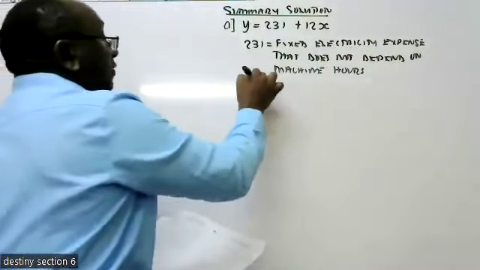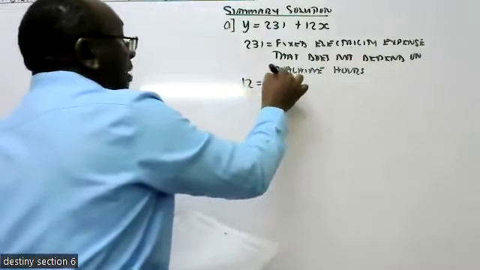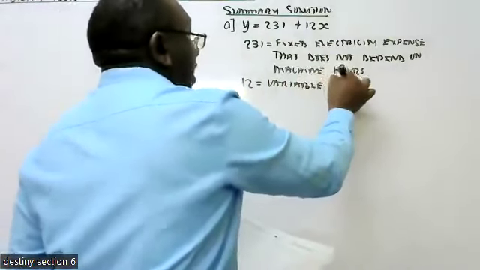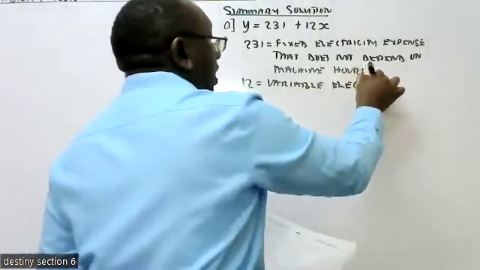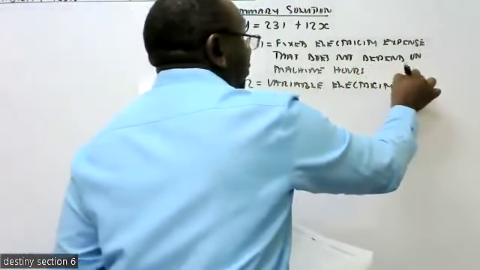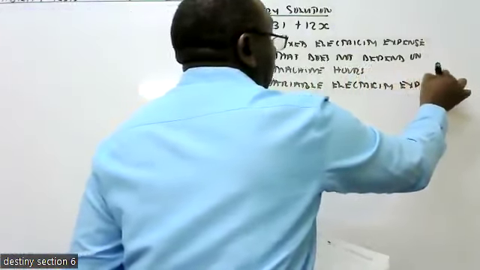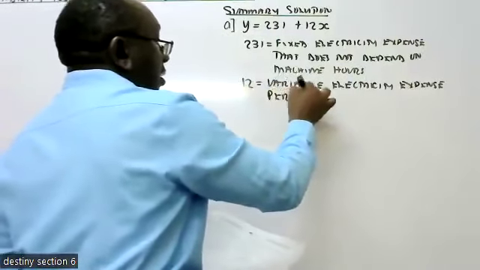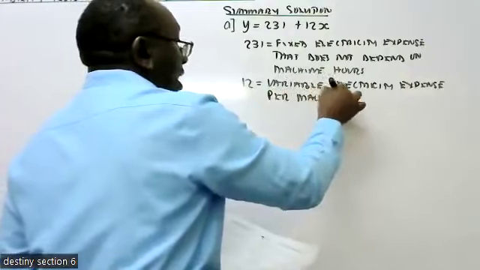Then this 12 is the variable electricity expense per machine hour.